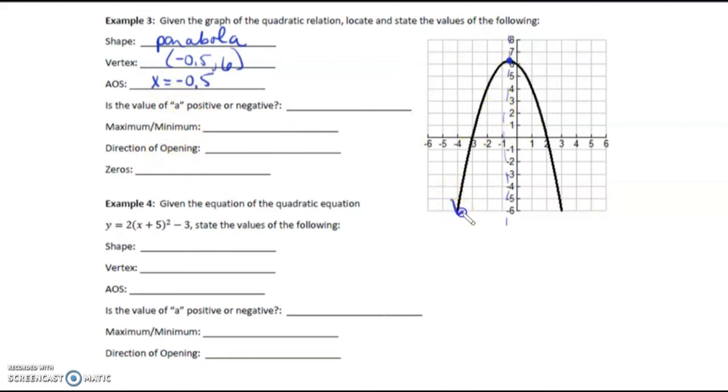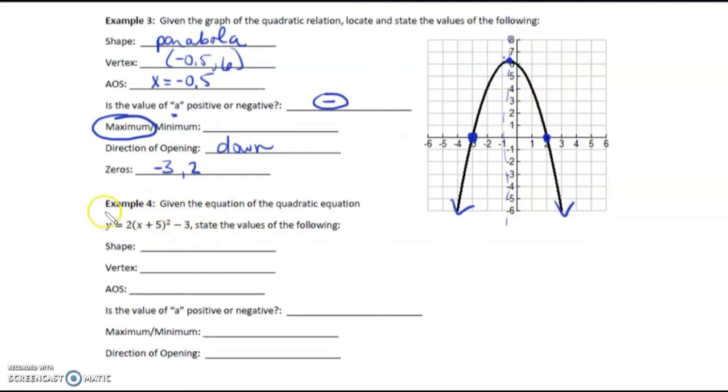This opens down, so like a sad face, so direction of opening down, which means that the a value is negative. There's going to be a maximum because it opens down, so it's going to go up to a maximum and then back down, and the zeros are -3 and 2. Quite easy when we're actually looking at the graph.